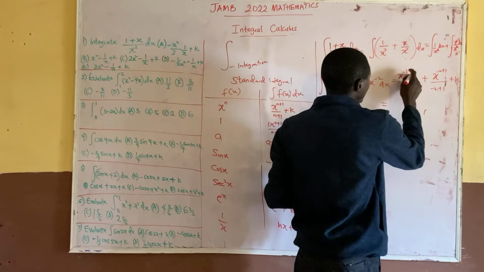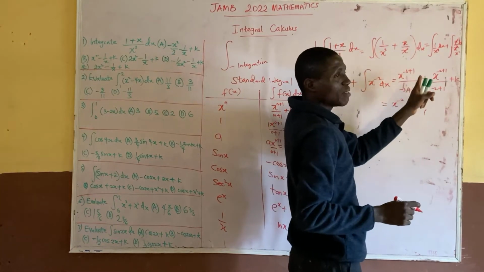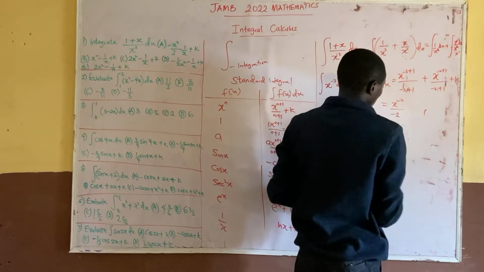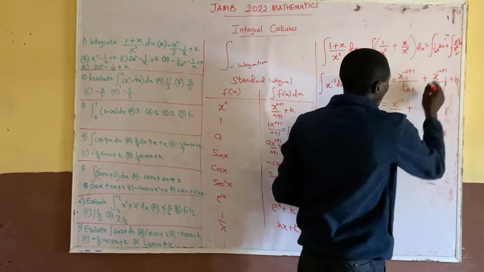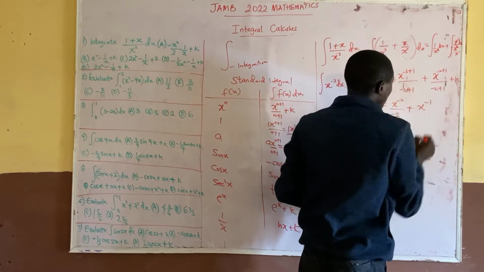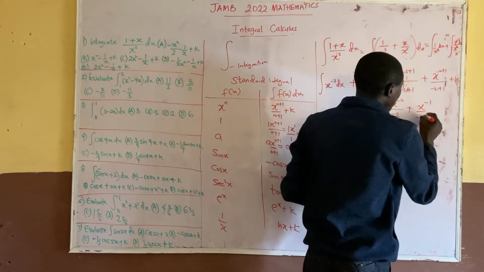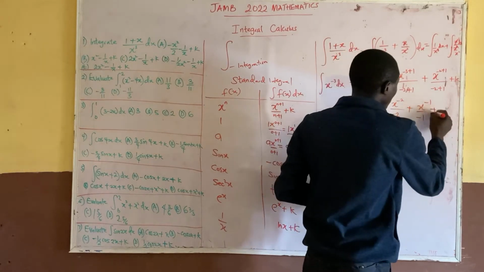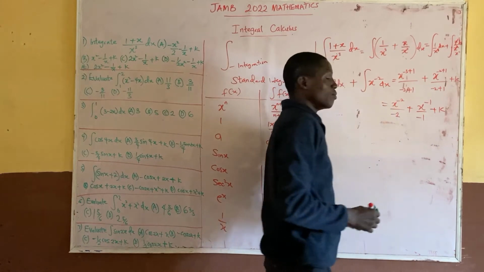So we have x to the minus 2, because minus 3 plus 1 gives minus 2, all over minus 2, plus x raised to power minus 1. Minus 2 plus 1 is minus 1, all over minus 1, plus k.